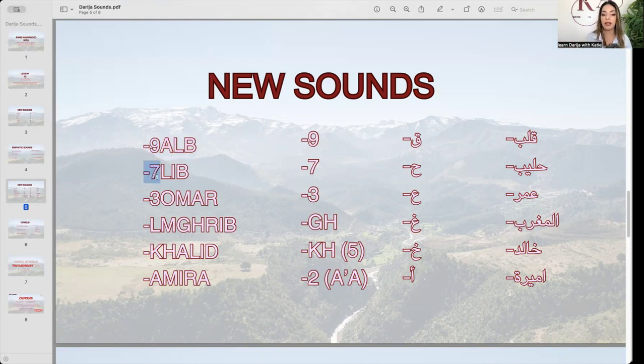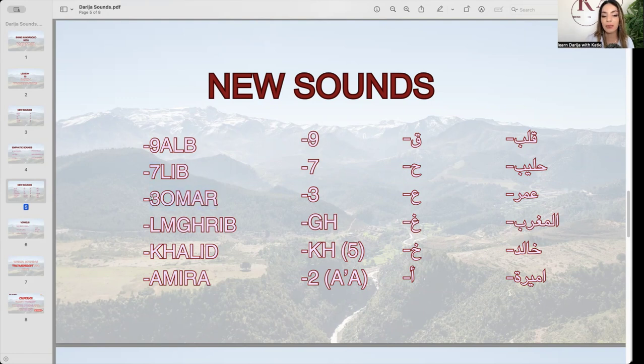Here we have number 7, and that's in the word milk. حليب. So you notice here my mouth, you really have to see the mouth movement. And here, حليب. So when you finish the sound, ليب, حليب.